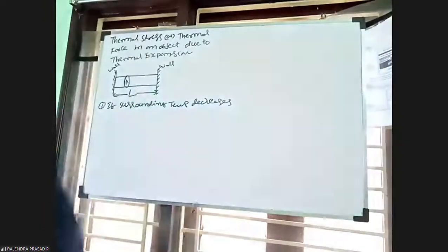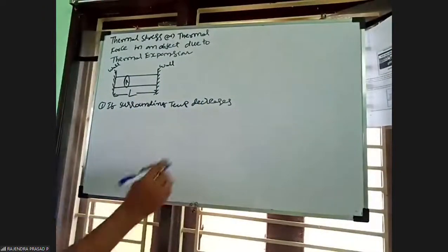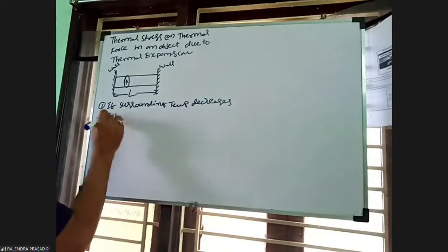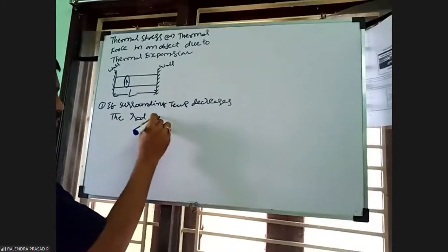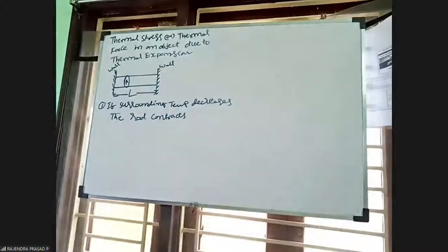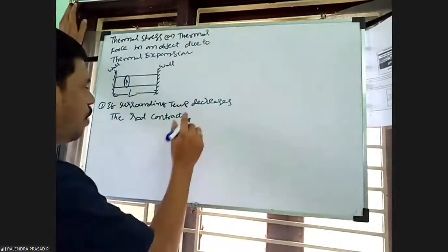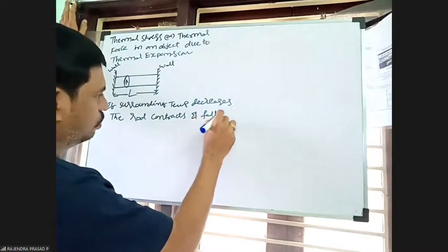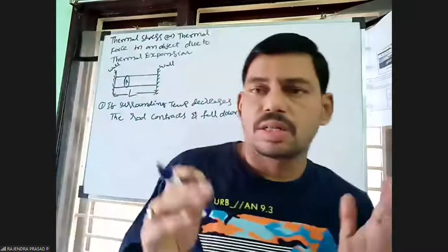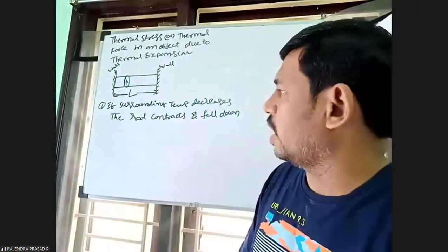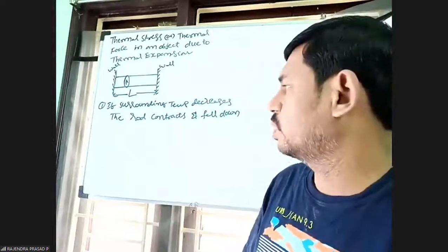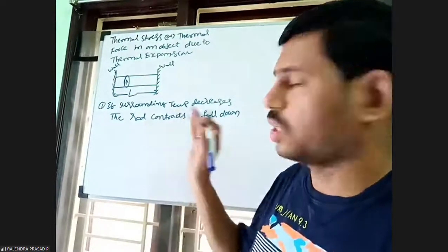Contracting means the length decreases, so the rod falls down. Okay, a rod of length L and area of cross section A is fixed between two rigid vertical walls.